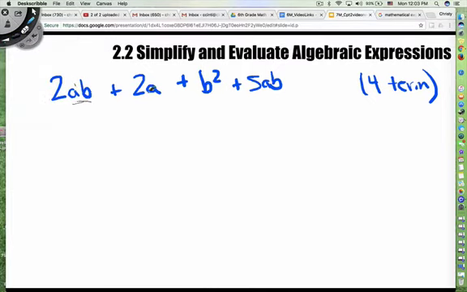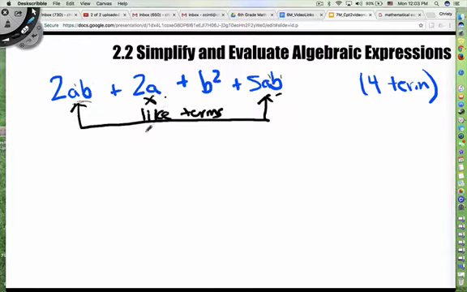This one has an a, but it doesn't have an a and a b, so this cannot combine with this one. These are not like terms, they're unlike terms. This is b squared, which isn't similar to either of these. And then this is 5ab. Ooh, a to the first, b to the first, same as this. So you can combine these two. These two are known as like terms.